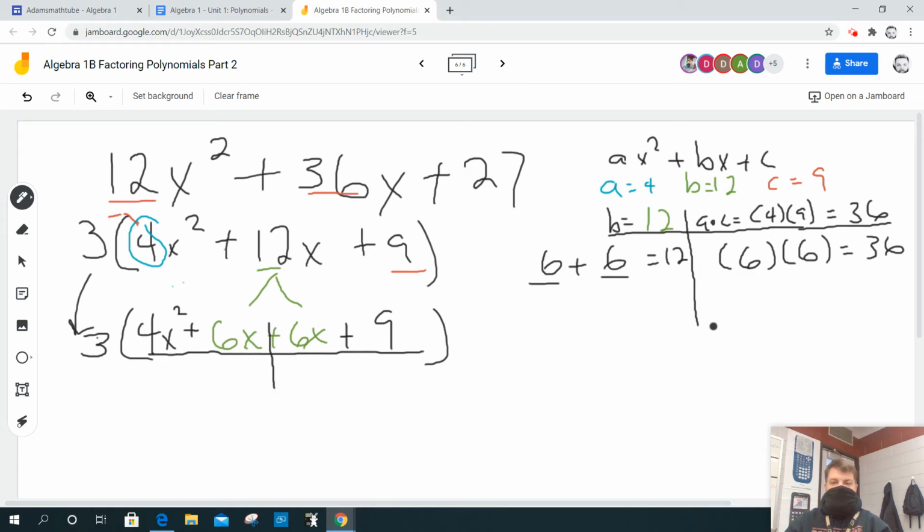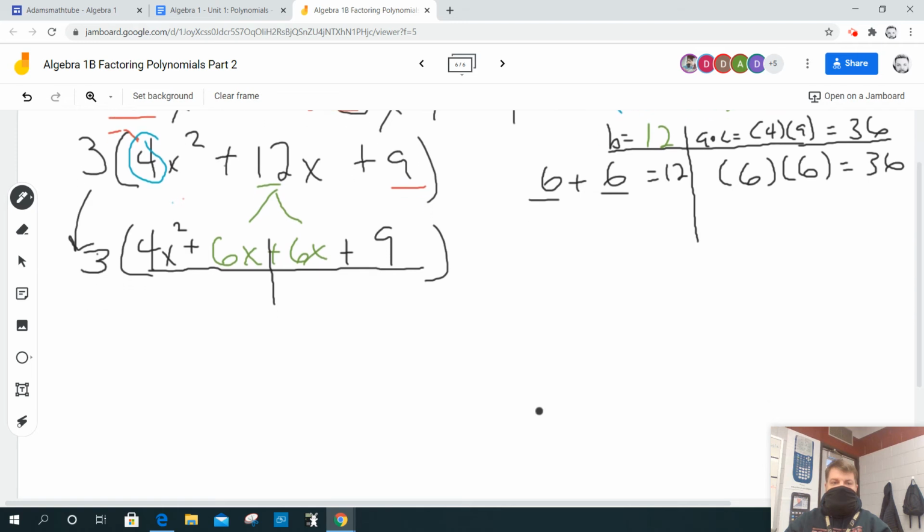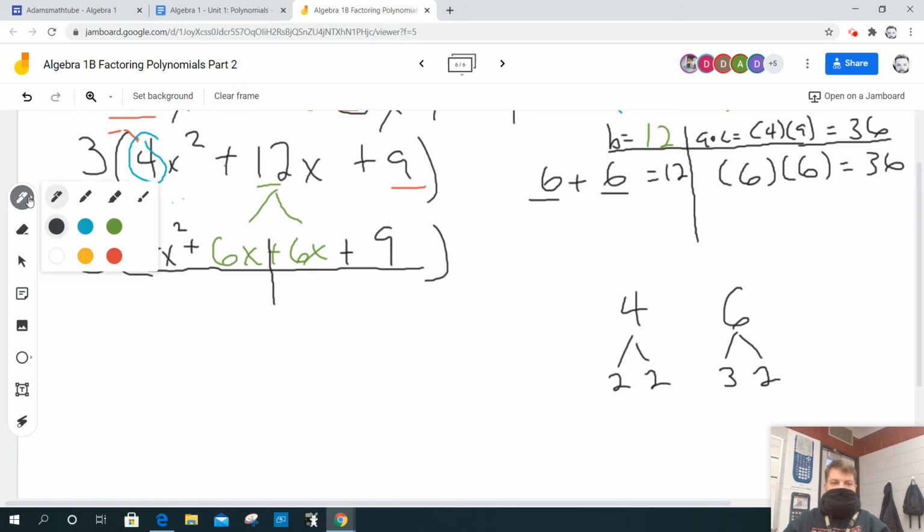So now what I'm going to do is take the first two terms and the last two terms and factor out the greatest common factor. The greatest common factor of 4x squared and 6x: if I take 4 and do prime factorization, that's 2 times 2. 6 is just 3 times 2. What do they have in common?